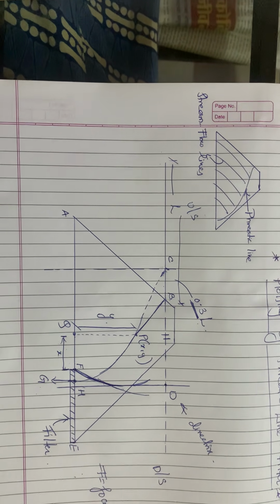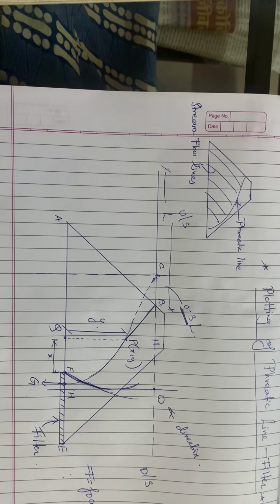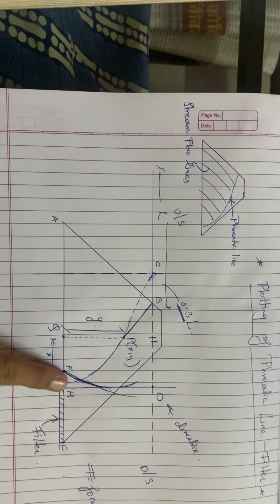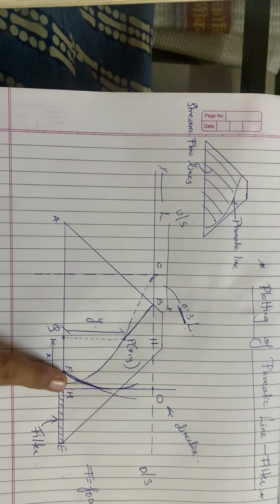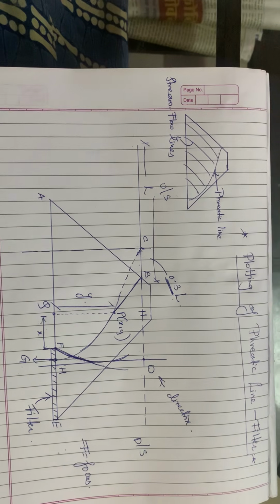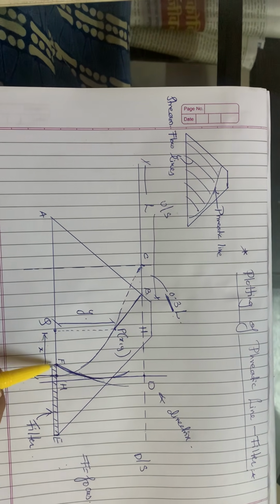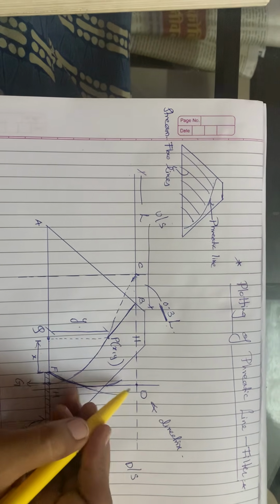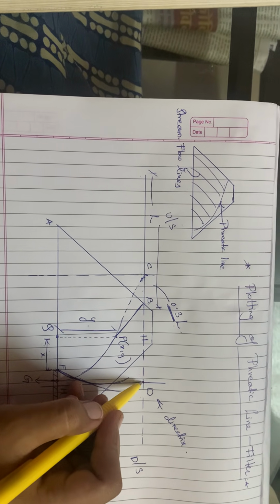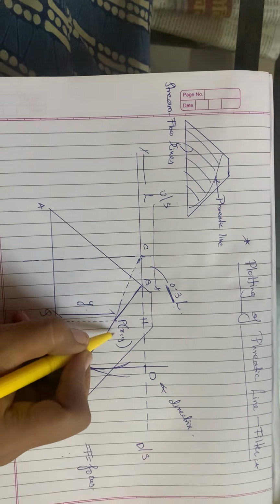Now we have to locate the intermediate points on this base parabola. Any intermediate point on this parabola is at equal distance from the focus F and the directrix.